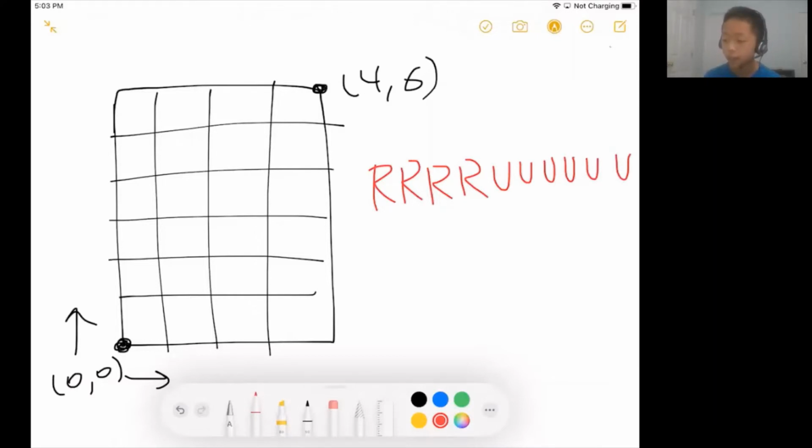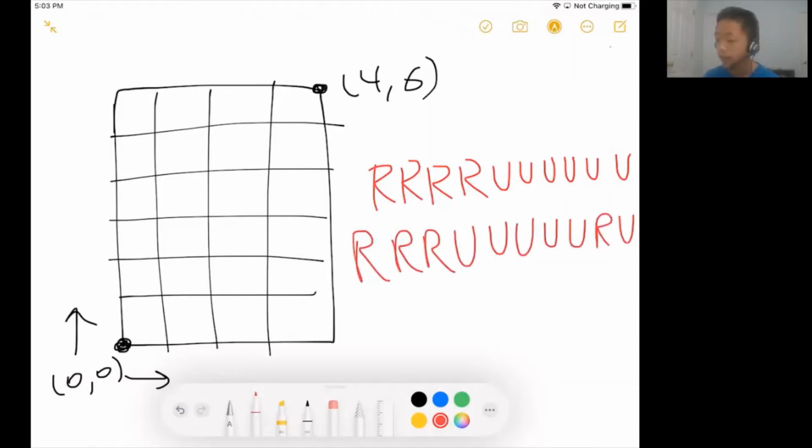For example, the string R, R, R, U, U, U, U, U, R, U would represent the path 3 times to the right, 5 times up, 1 time to the right, and then 1 time up. So this problem is equivalent to finding the number of ways to arrange this string with 4 R's and 6 U's.